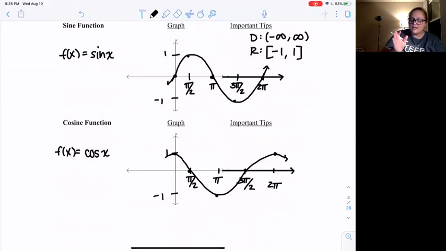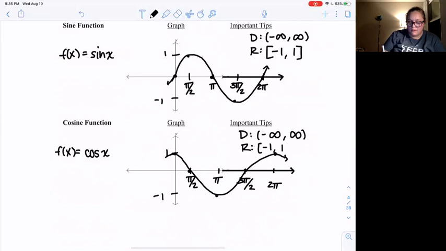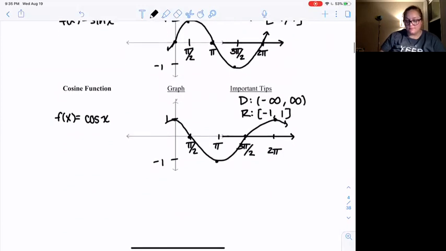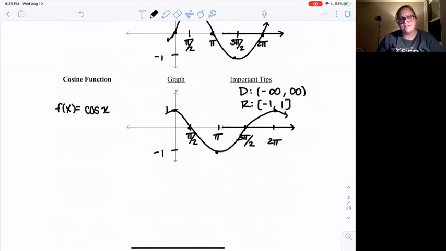So it follows a different route. You do want to make sure that you remember what these 4 x values give us in terms of y. Now, what is the domain and range? Domain is -infinity to positive infinity. Range, same exact thing, -1 to +1.